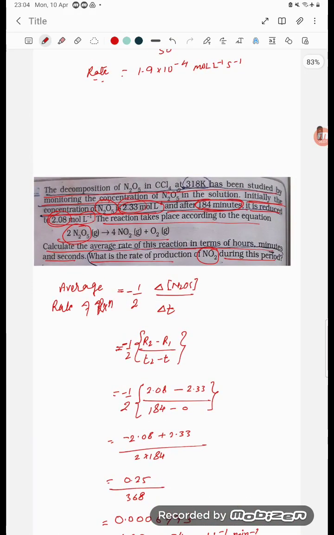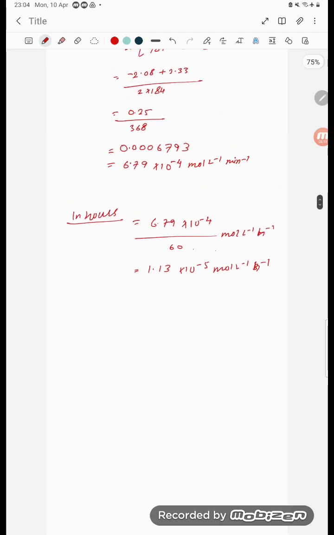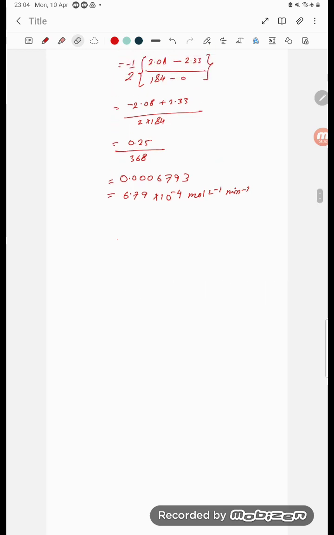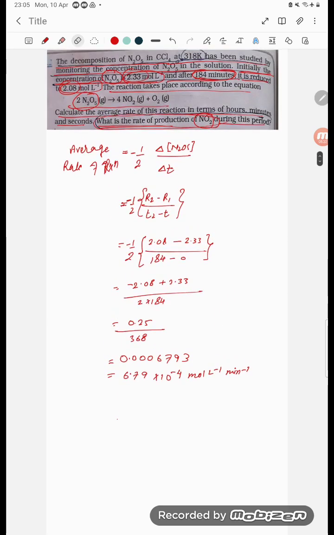Next they are talking about the rate of production of NO2. That is the one more question they are asking. So for the rate of production of NO2, first of all, you should write the rate of reaction.